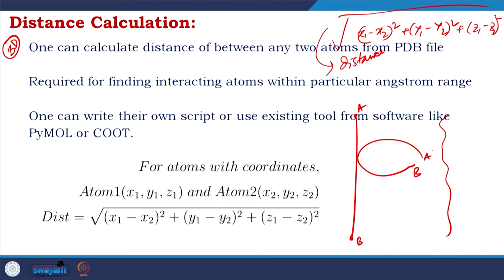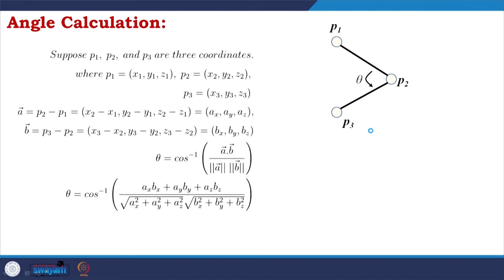When you see that you have an amino acid A and B, if this one has a C double bond O and this one has an NH, you could find the distance and talk about whether this is forming a hydrogen bond or not. In that way, many things could be attained by doing the distance calculation.